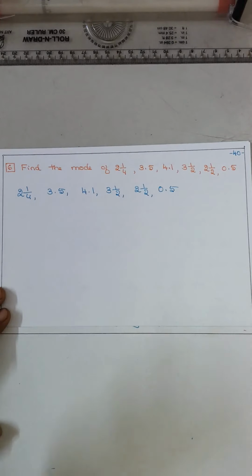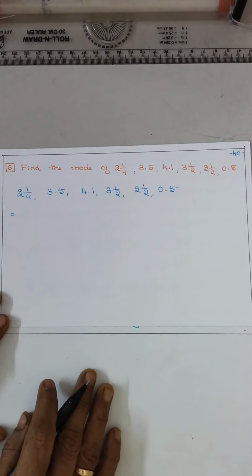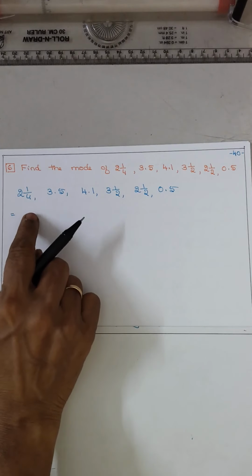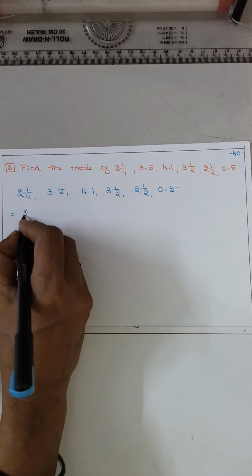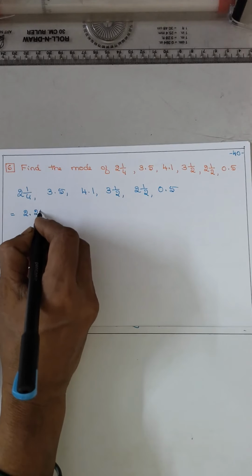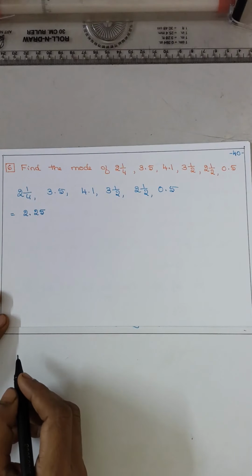Correct, isn't it? Okay. Now convert this into the decimal. 2 1 by 4. Quarter means it is 0.25. Half is 0.5. Quarter is 0.25. Remember.